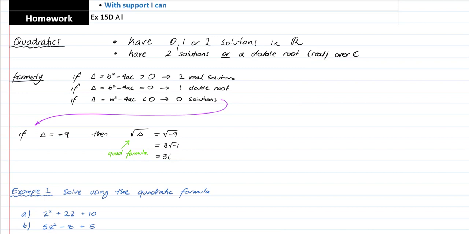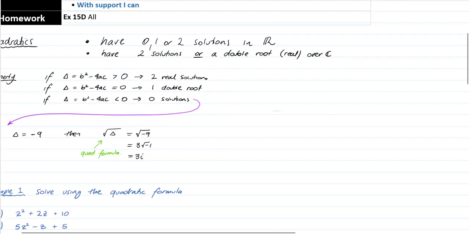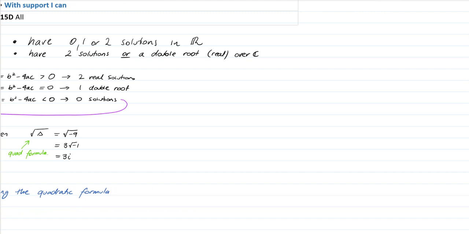A quadratic equation could have 0, 1 or 2 solutions in the real numbers. So you've seen these before, and just to give you a bit of a reminder, over here is a set of axes. I'll draw, first of all, in pink, a 0 solution quadratic, which looks like this and does not pass through the x-axis. Here's another 0 solution quadratic.